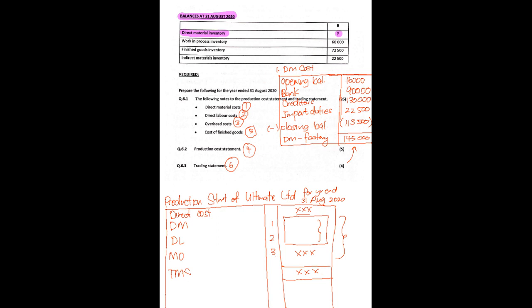Or you can just add up material and labor and then add that total to your overheads. So that is what makes up the first part of your production statement. And then you will add on to that your work in process opening balance, and you will subtract your work in process closing balance.